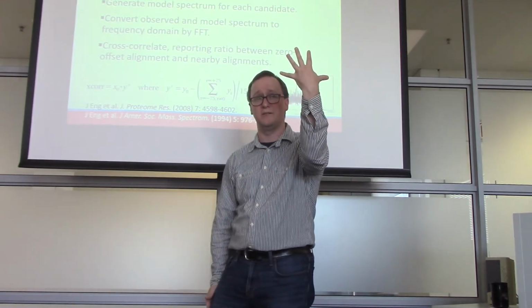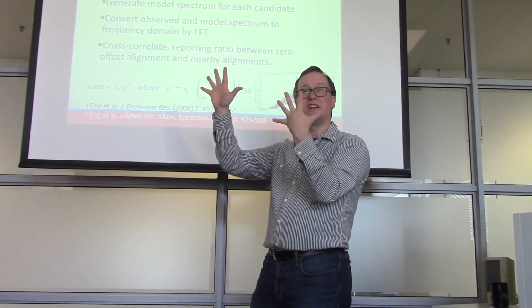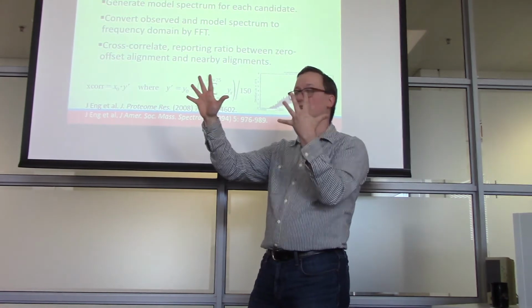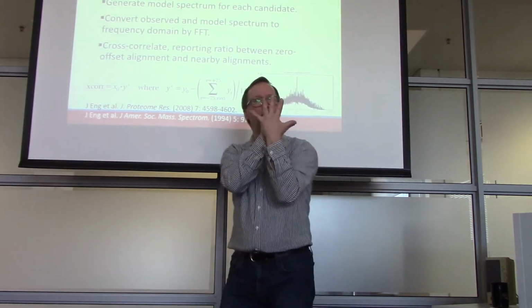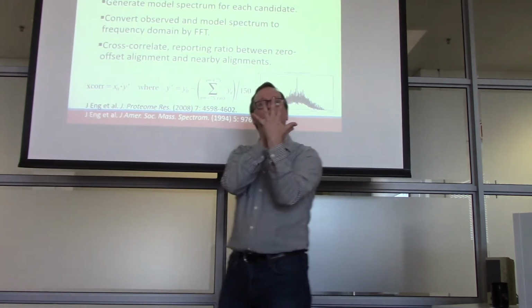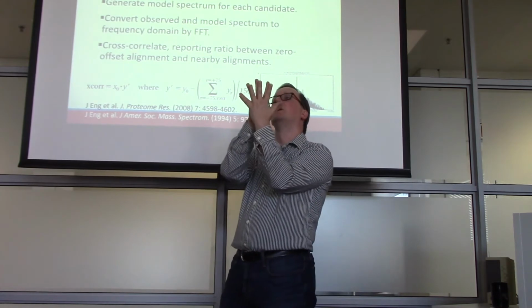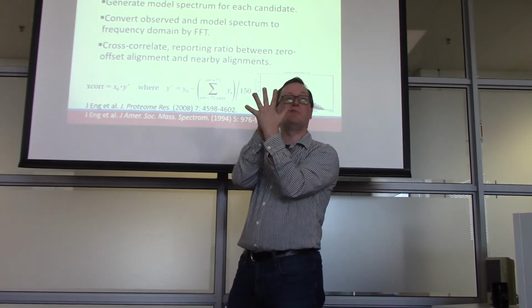These are fragment ions. Now, I have another spectrum. This is one that I've predicted on the basis of some peptide sequence in the database. So imagine that if I line them up with what we call 0 offset, the observed ion for 385.2 aligns with a fragment ion that I've modeled to be at 385.2.